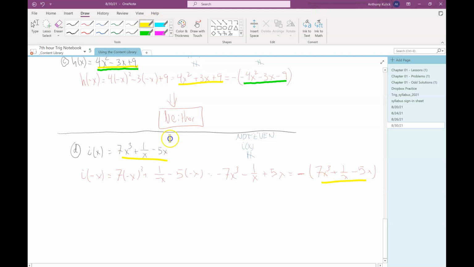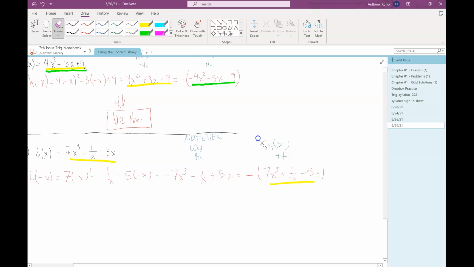That is identical. So the negative sign comes with me. And that's equal to negative I of x. So it's odd.